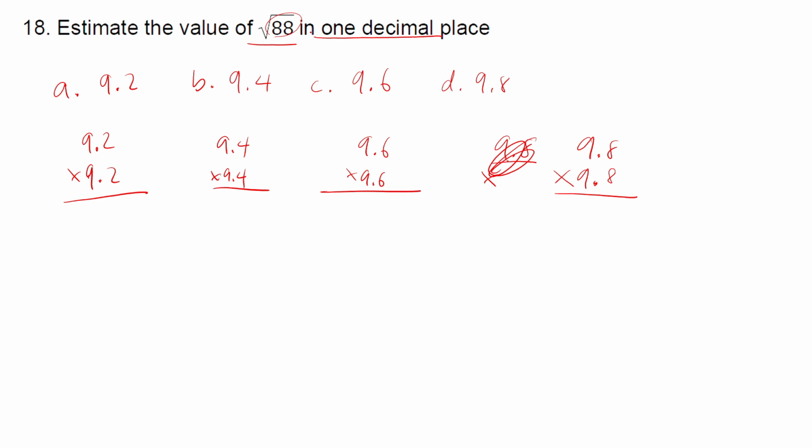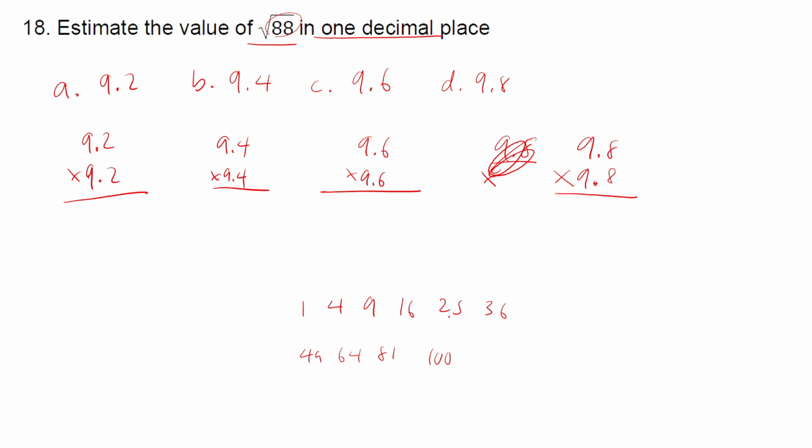But to do this logically, we have to analyze where 88 is much closer to. When I write down a perfect square number line, we have 1, 4, 9, 16, 25, 36, 49, 64, 81, and then 100.